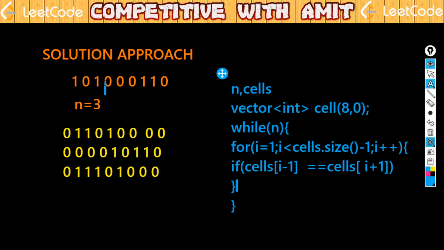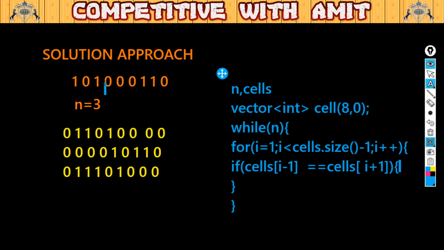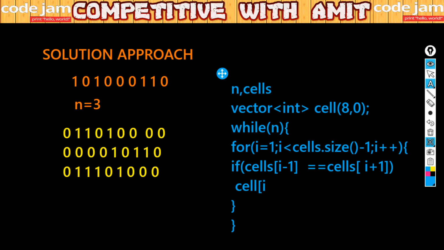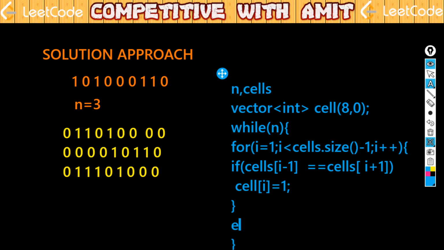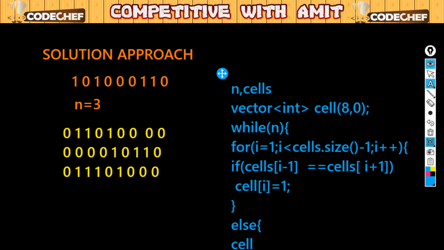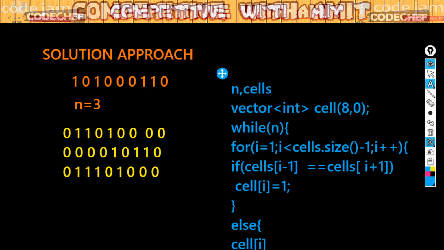If these both are equal, then we will assign cell at index i equals to 1, else cell at index i will be assigned as 0.